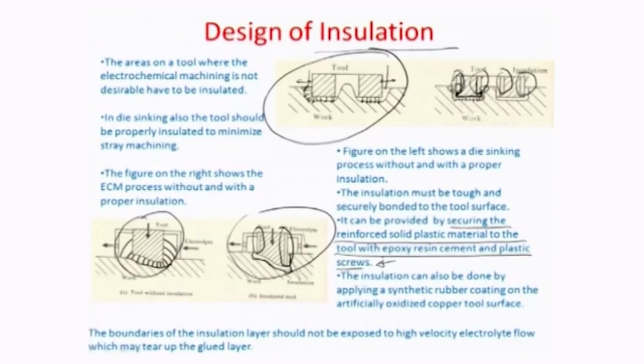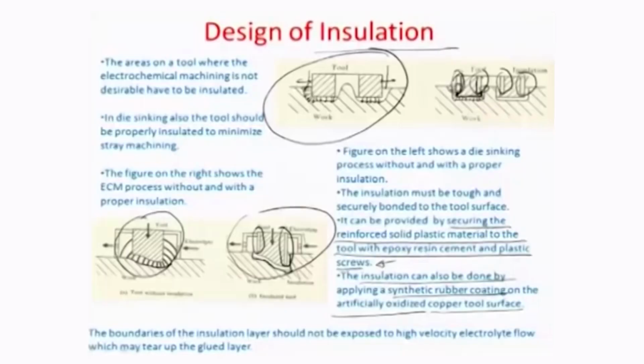Also, you can insulate by applying synthetic rubber coating on the artificially oxidized tool surface. This is a very prominent technique, particularly for copper tools. You can give a coating by masking the tool appropriately, so that later when you remove the mask, the portions beneath the mask would not be coated.